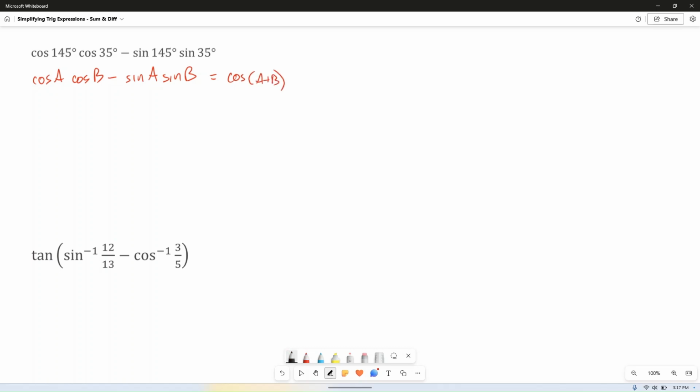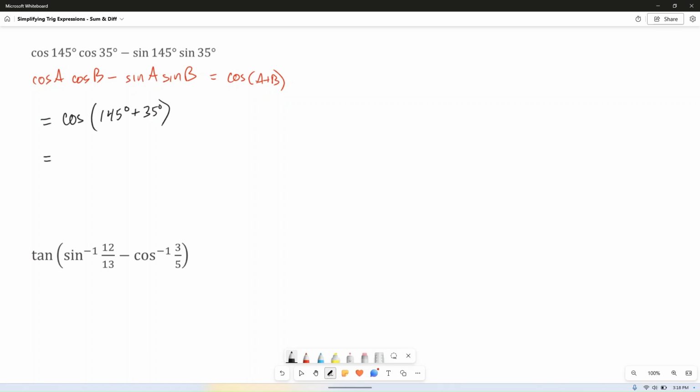Okay, so to use that in our example here, we can rewrite the cosine of 145, cosine of 35, minus the sine of 145, sine of 35, as just a single cosine expression that contains A plus B. So it's going to be the cosine of 145 degrees plus 35 degrees, and that's all within the single cosine.